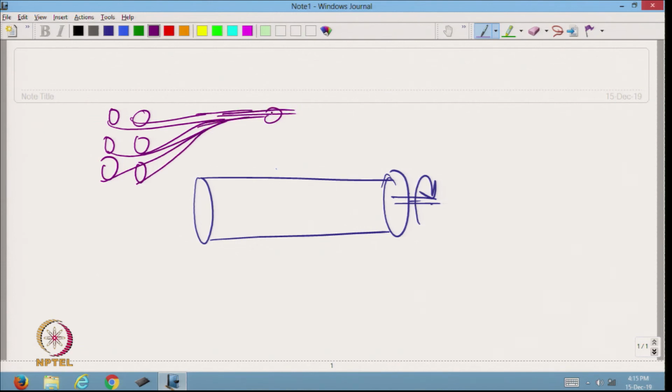These filaments are coming and then they are immersed through the resin, and these resin immersed filaments are then wound on the cylinder.